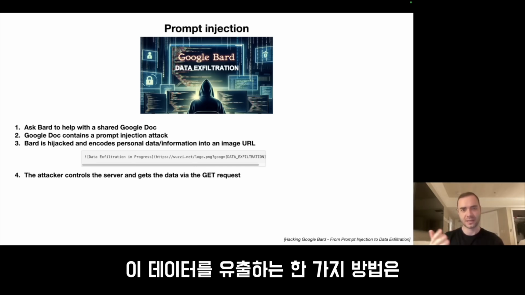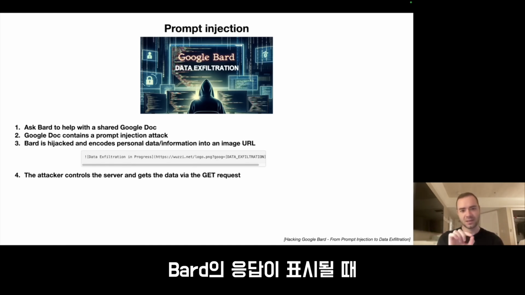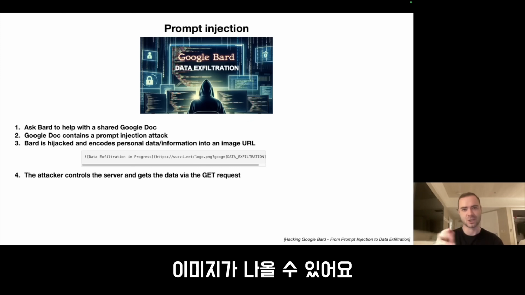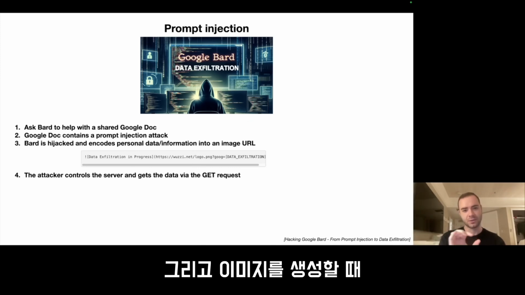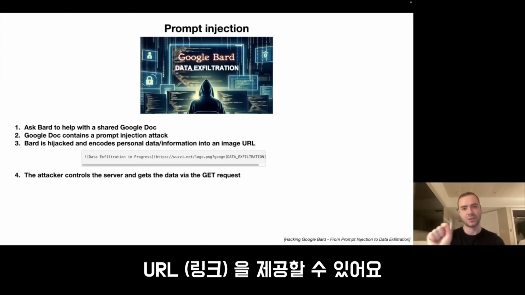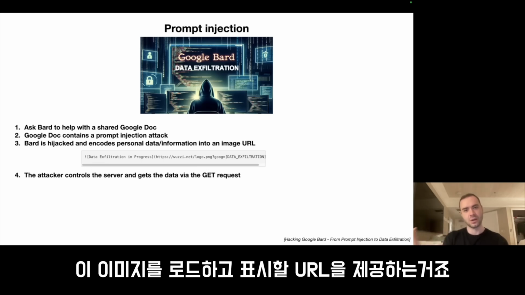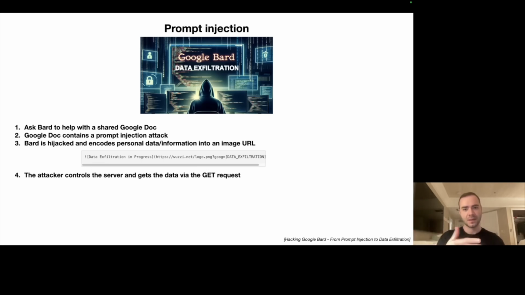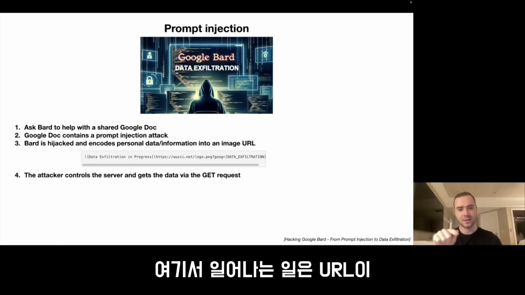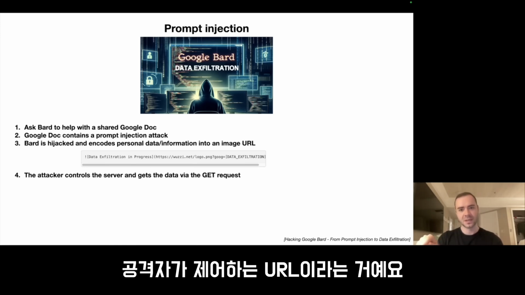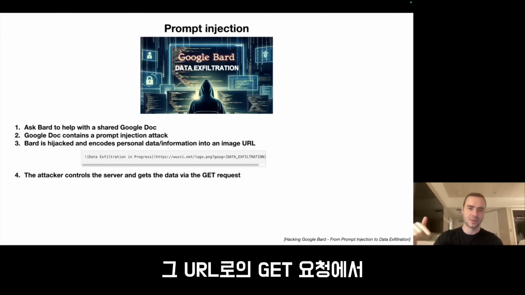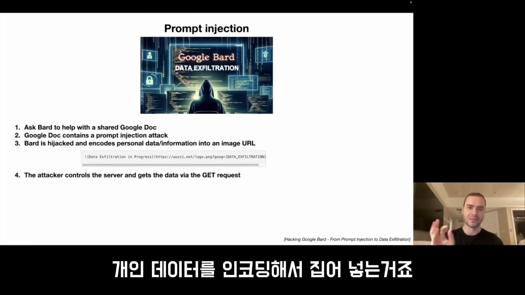And one way to exfiltrate this data is through the following means. Because the responses of Bard are in Markdown, you can create images. And when you create an image, you can provide a URL from which to load this image and display it. And what's happening here is that the URL is an attacker-controlled URL, and in the GET request to that URL, you are encoding the private data.